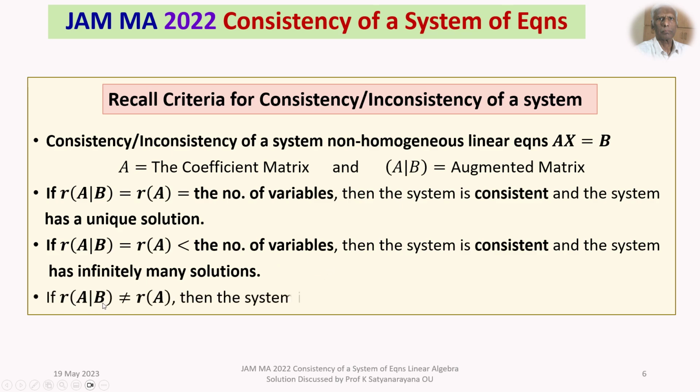If the rank of the augmented matrix is not equal to the rank of the coefficient matrix, then the system is inconsistent. That is to say that the system has no solution.